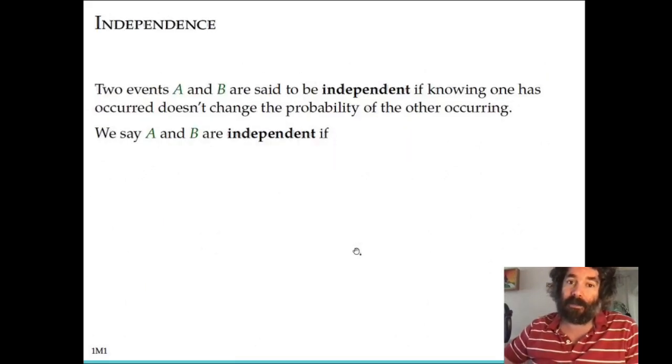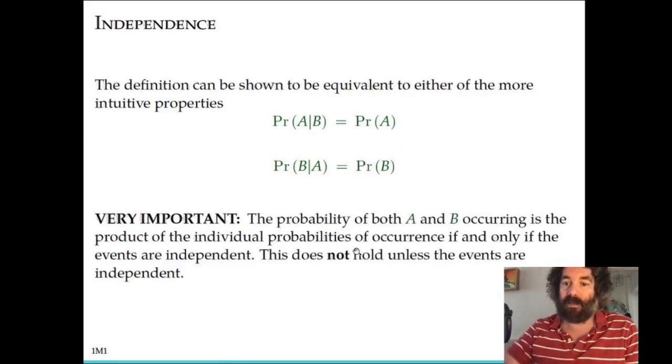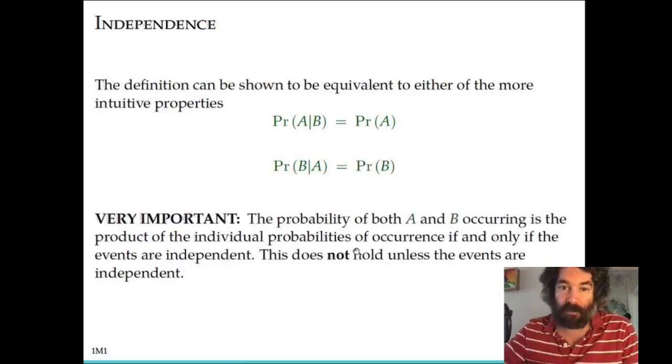It is very important to realize that this rule, that the probability of A and B is equal to the probability of A times the probability of B, holds only when A and B are independent events. So what one occurring does not affect the chance of the other occurring. Many events that we consider are naturally independent.